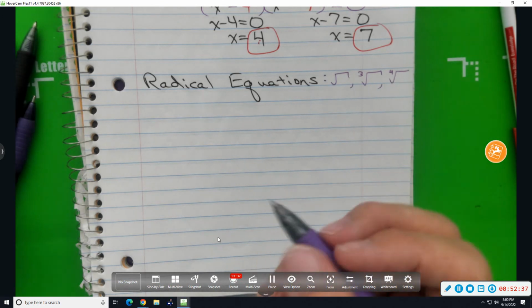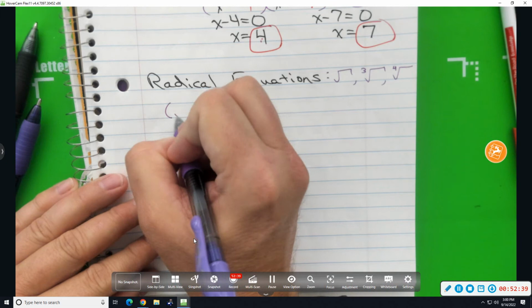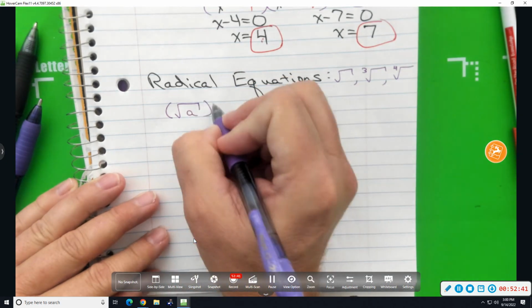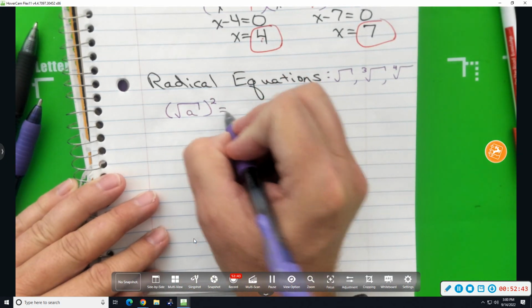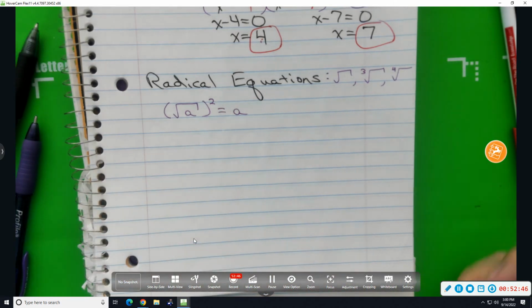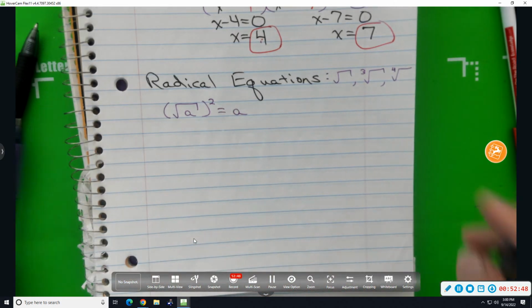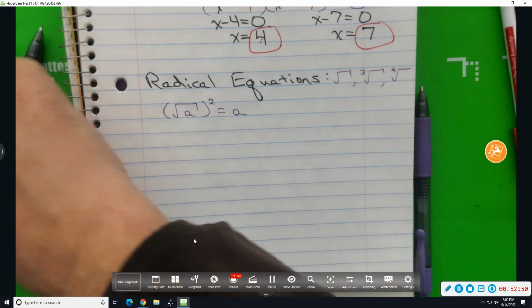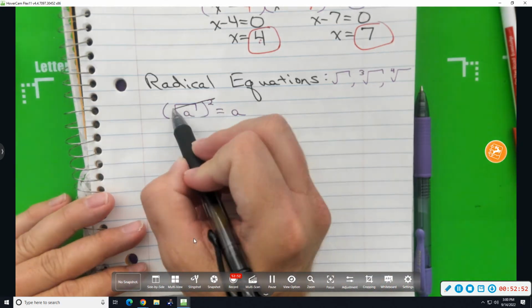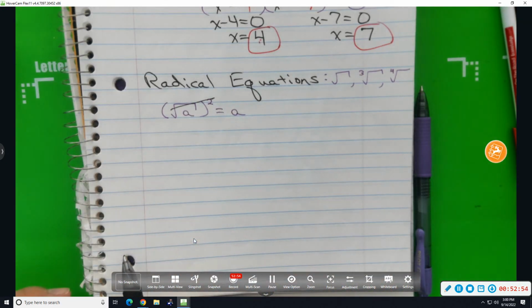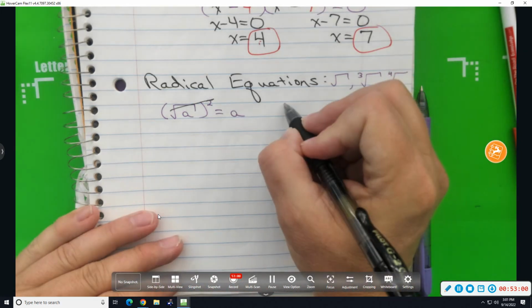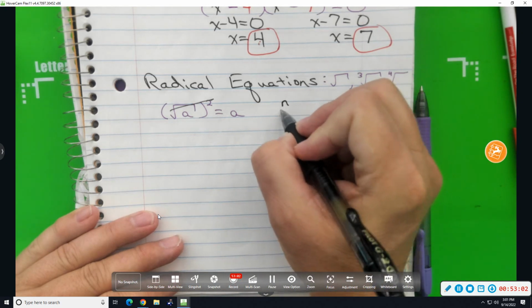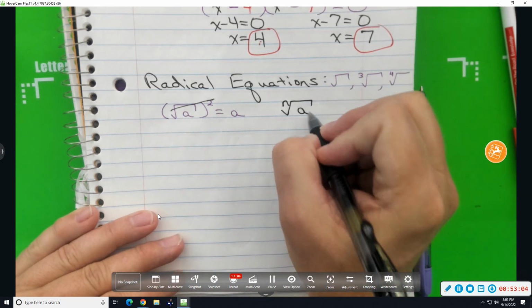And we said that the square root of a quantity squared reduces to a. Now, I'll show that cancel out. The square and that radical are canceling themselves out. Now, the nth root, whether it's a cube root or a fourth root, in general, the nth root of a.